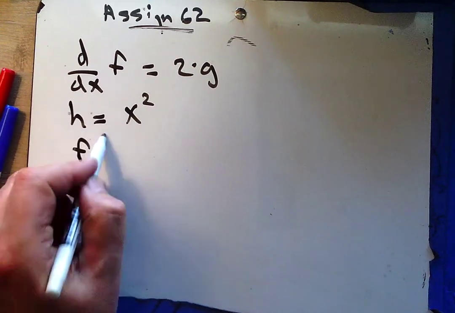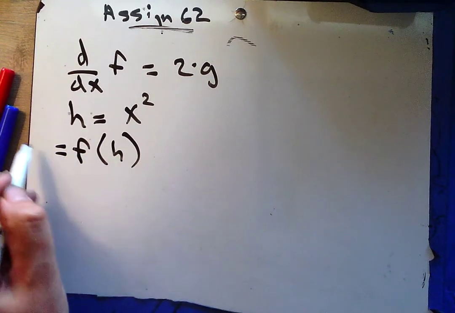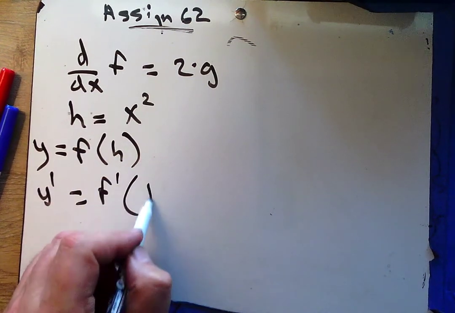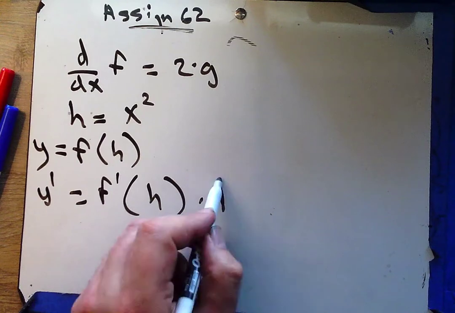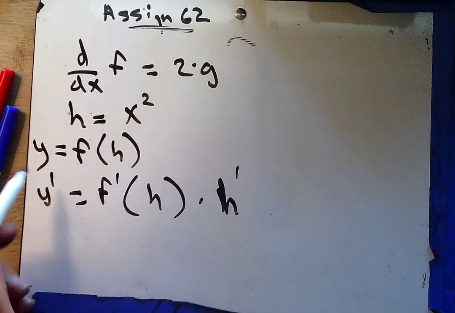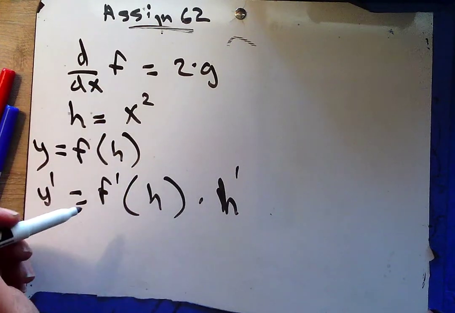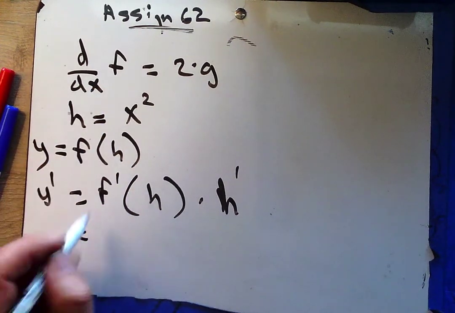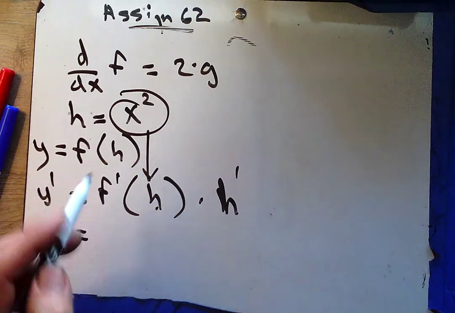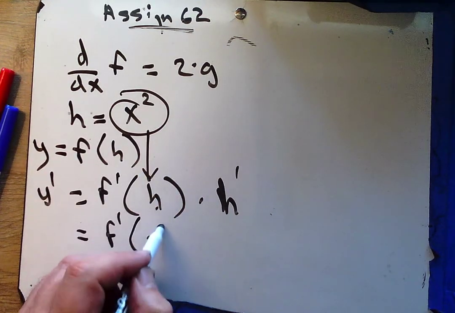So if we want to find f of h's derivative, we take the derivative of the outside, we leave the inside alone, and then we multiply by the derivative of the inside. Now, I want everything in terms of x, so I need f prime of h. I need f prime of x squared.